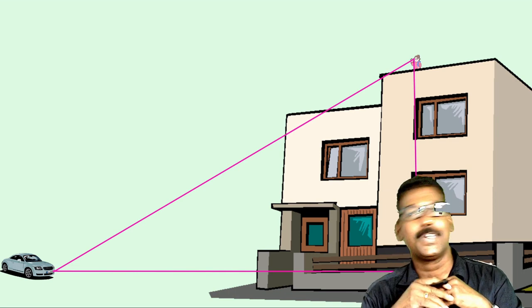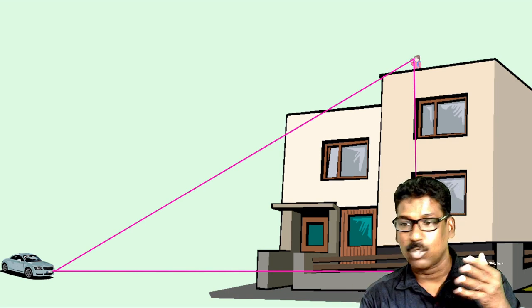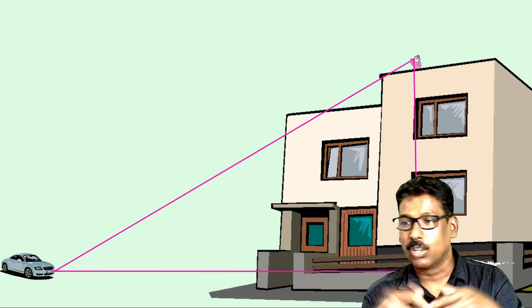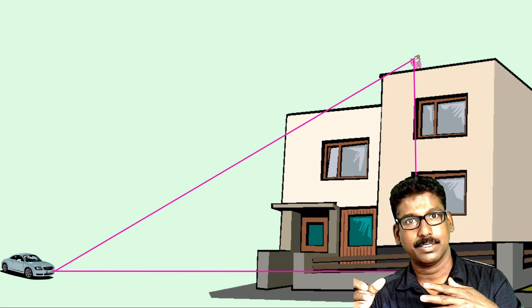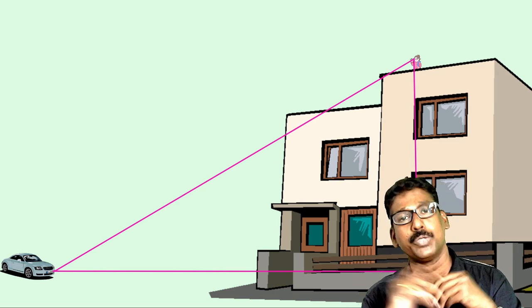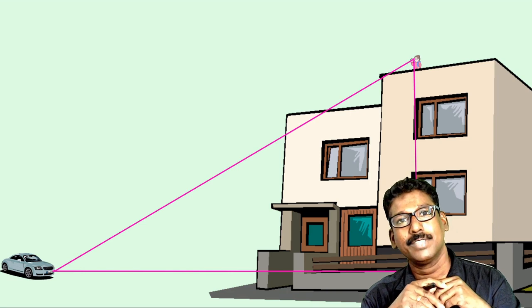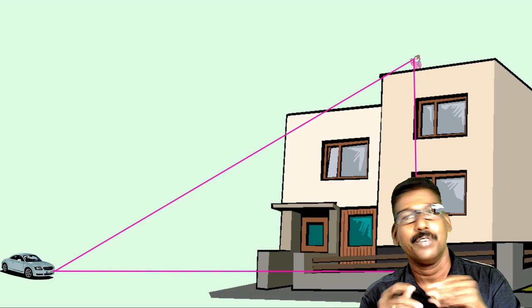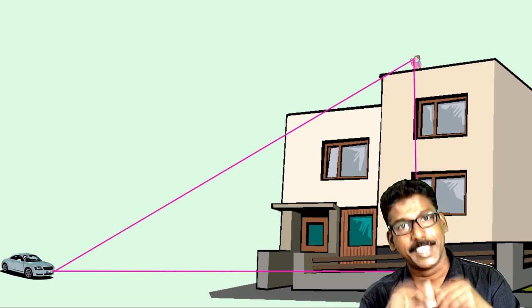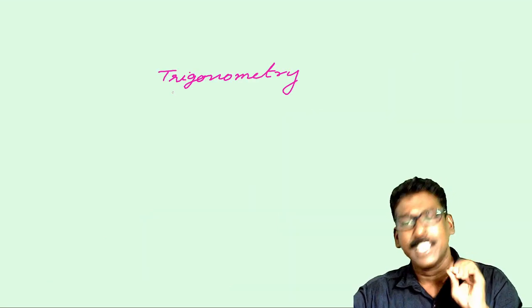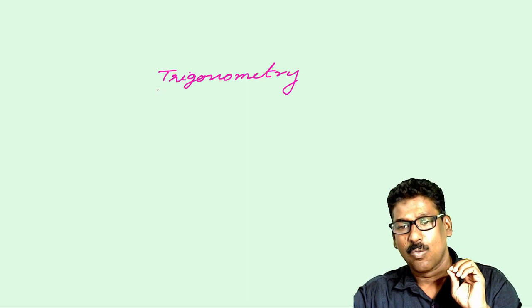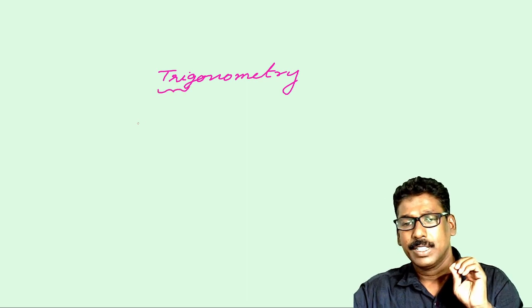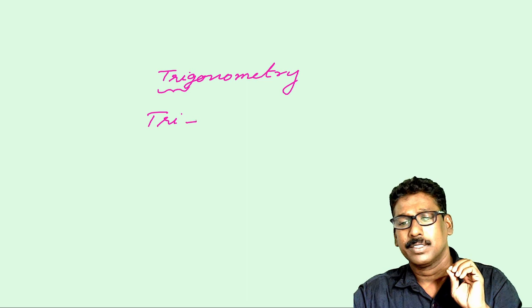In all these situations, how can you find the distance or the height of the tower without using actual measurements? Here we are using a branch of mathematics which is called trigonometry. Trigonometry is derived from three words. One is trig. Trig means three.